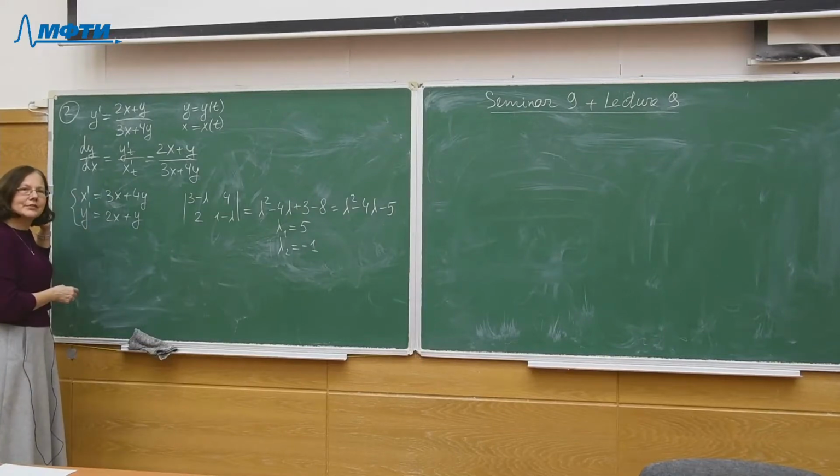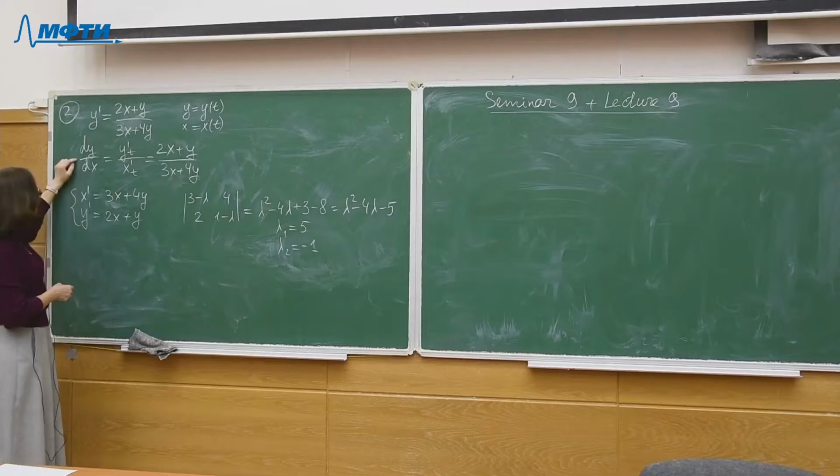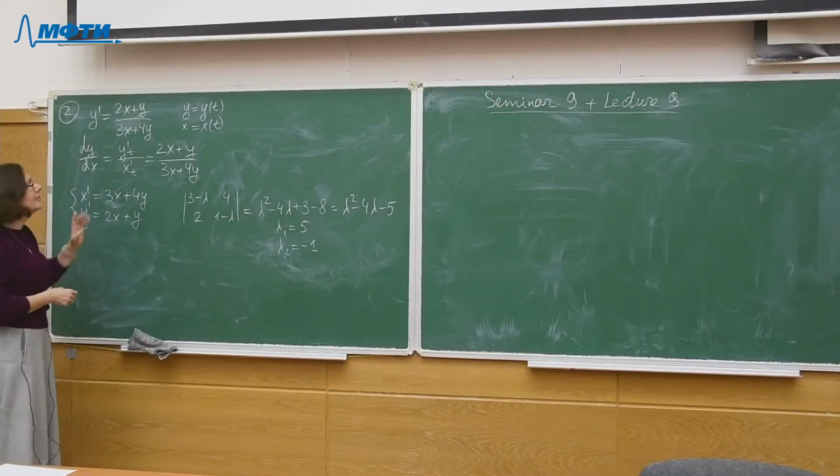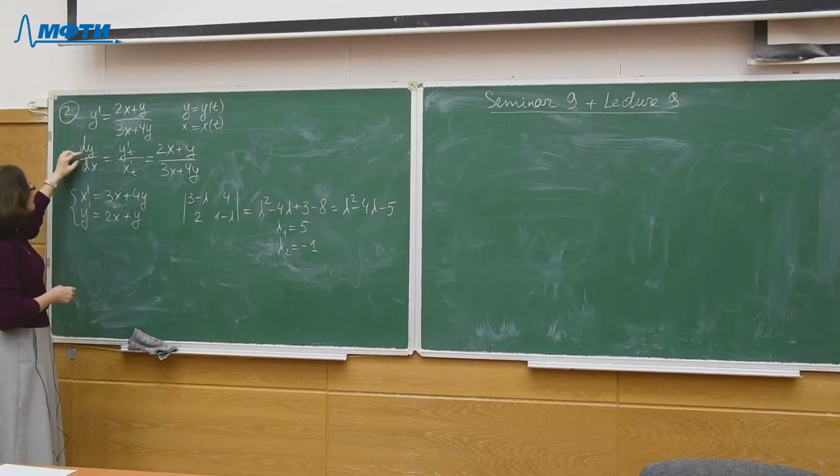So this y prime in the parametric form with respect to t is different from the y prime with respect to x. Right, so we know this formula.